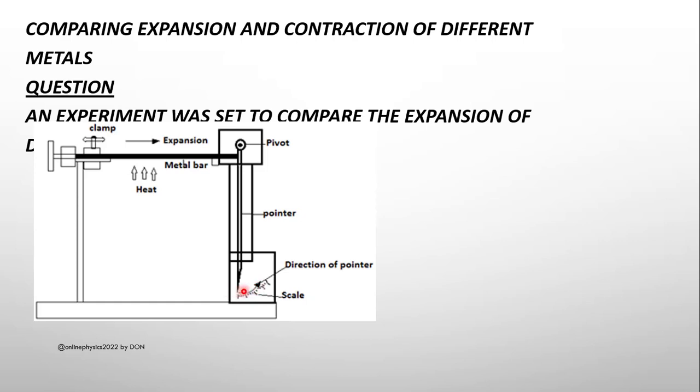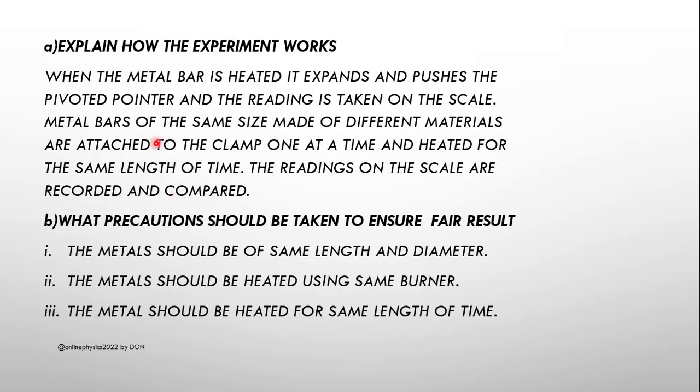If it deflects here, then we'll be able to see or note that there is an increase in size, that is expansion, that there is expansion taking place. So this scale is very important so that we can determine the degree or the extent of expansion of different metals. So moving on, now we can explain that particular experiment.